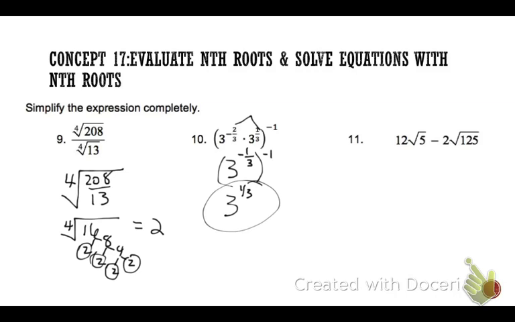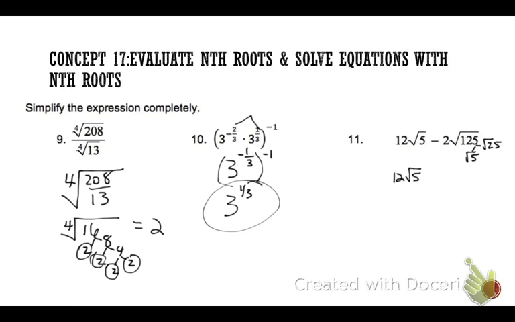And then lastly, we need to subtract 12 square roots of 5 minus 2 square roots of 125. Well, we can't do that because our square roots are not the same. But we can simplify the square root of 125 just to see what will happen. So that'll break down into the square root of 25 times 5, which is good because we can take the square root of 25.